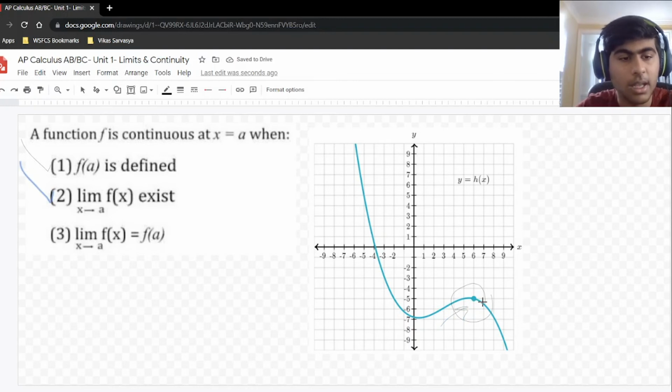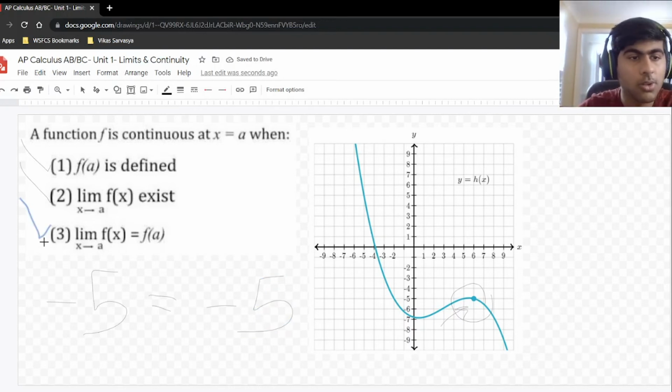And since f of a equals -5, and the curve approaches -5 as we approach x equals 6, these two values are equal, and therefore this third criteria is satisfied. So all three of these criteria are satisfied, so the function is continuous. As you can see, there's no break in the function, there's no holes anywhere, it doesn't jump. This is a continuous function.